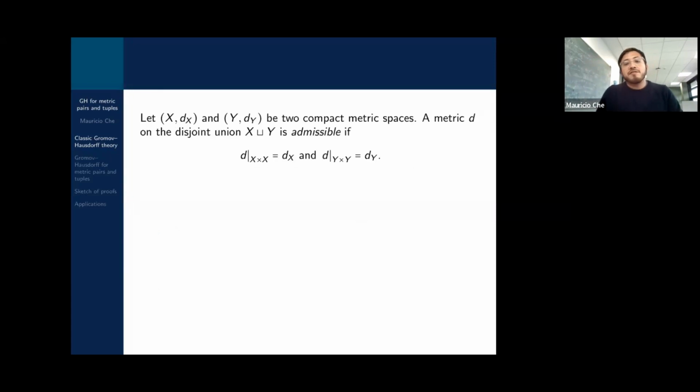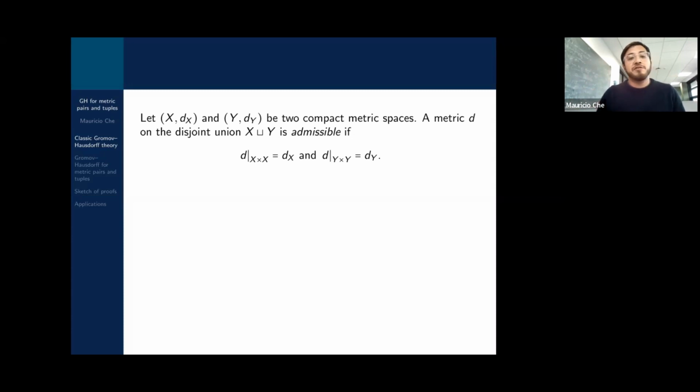Now, the Gromov-Hausdorff distance, as I said before, is a distance between metric spaces, not between subsets of a metric space. In order to define it, let's think of two metric spaces, X and Y. We would like to find some larger space that contains them, and then use the Hausdorff distance in that larger space. The natural choice of a larger space is the disjoint union.